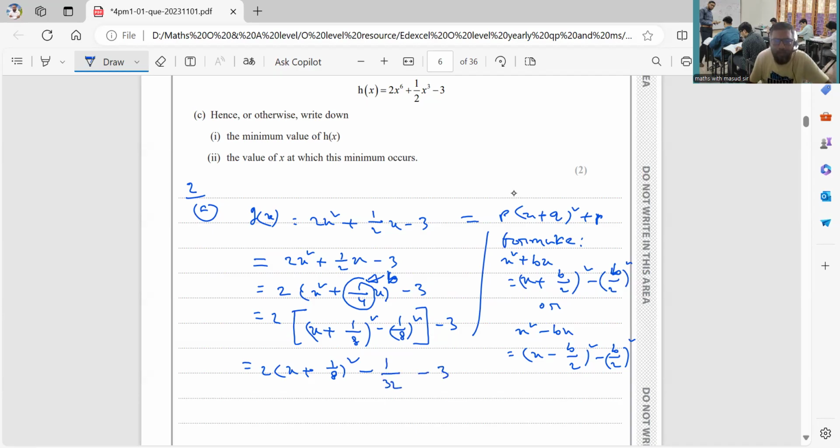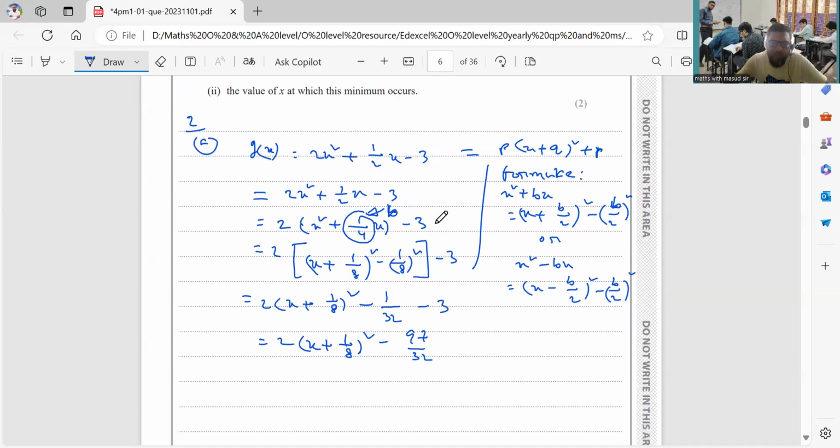And then minus 3. So first you take common, then you use the formula, and then you expand the bracket. Now make the simplest form: x plus 1 by 8, whole square, minus 1 by 32 minus 3. In the calculator, you will get minus 97 over 32.